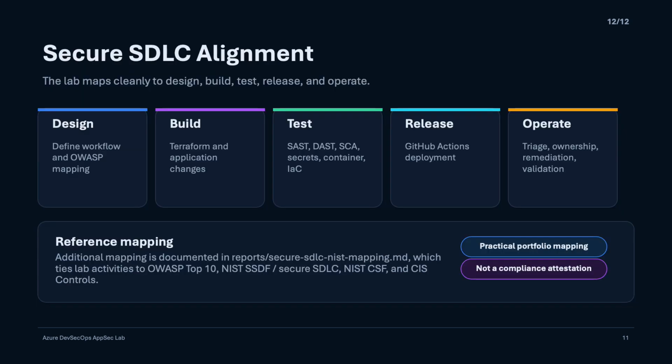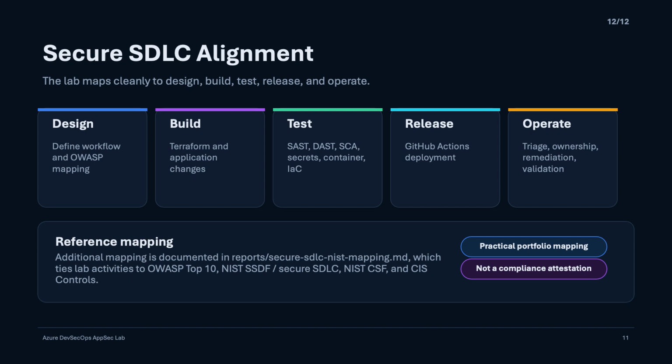All right, so in this slide, this shows how the lab aligns with the secure software development lifecycle. In the design phase, I define the AppSec workflow, the risk triage method, and the OWASP mapping. In the build phase, Terraform creates the infrastructure and the application code is deployed.